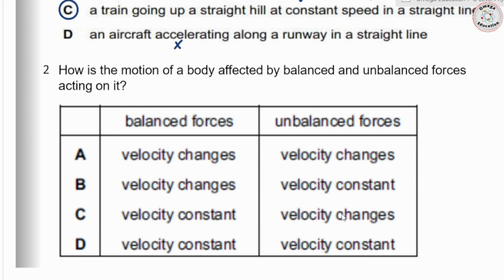Yes, very good. C is the right answer for this one. For balanced forces, the velocity is constant, aka acceleration 0, and for unbalanced forces the velocity changes, aka acceleration exists. Acceleration is not 0.